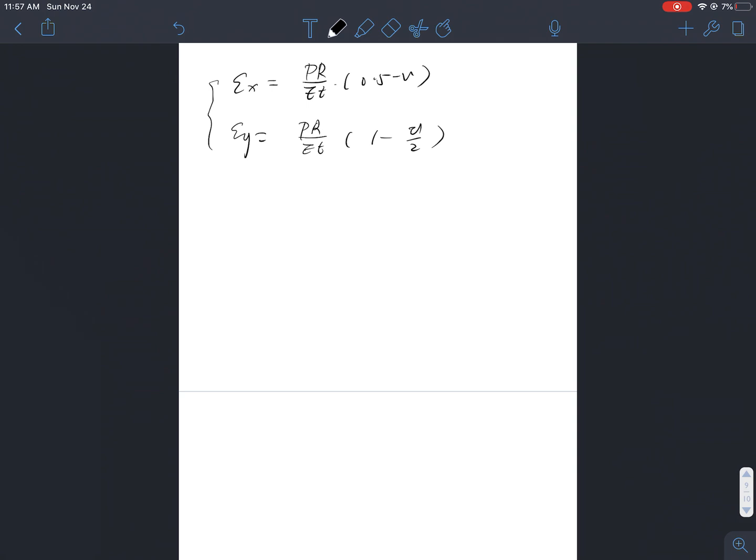And then you can use a strain transformation to calculate epsilon beta. How so? So epsilon beta equal to half of epsilon x plus epsilon y, plus epsilon x minus epsilon y divided by 2 cosine 2 beta.